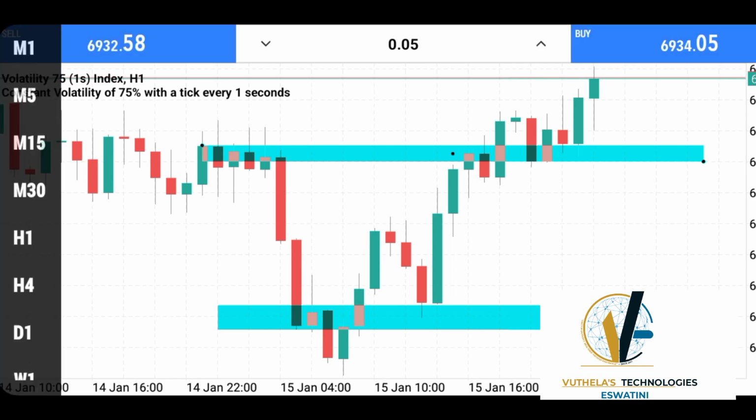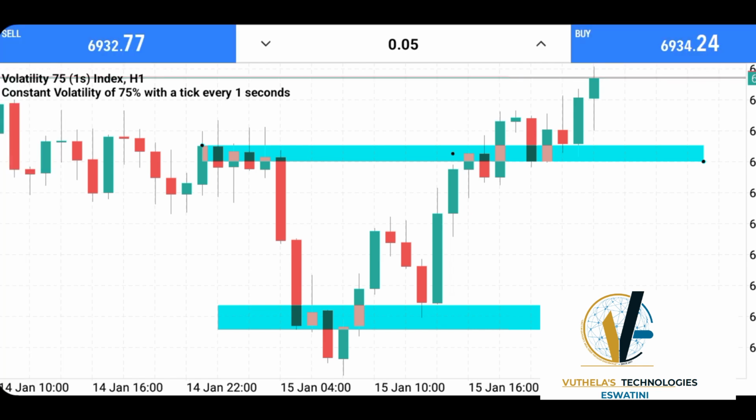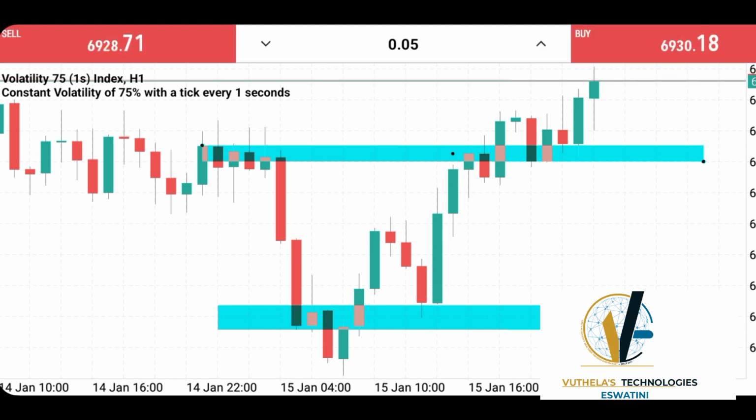So I hope you're understanding what a support is and what a resistance is. The support level is one line, the resistance is one line. But when you say it's a zone, it's no longer one line, but a combination of different lines. That's why we call it a zone.